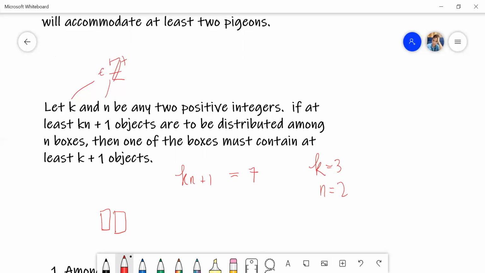So k is 3, n is 2. So let me enlarge this box here. So I place one here, I'll place the other one here, I'll place the other one. So there are 7 objects. So 1, I'll write it here just to make sure. So there are 5 on one side, 2 on the other side.